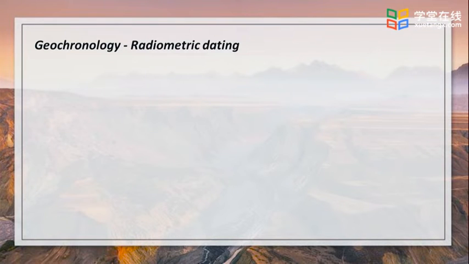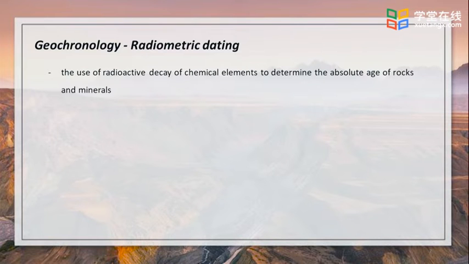As per absolute geochronology, the use of radioactive decay of chemical elements to determine the absolute age of rocks and minerals was proposed in the early 20th century, and the principle has been in use since that time.